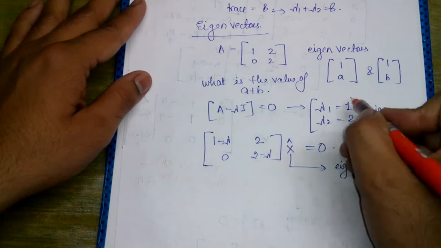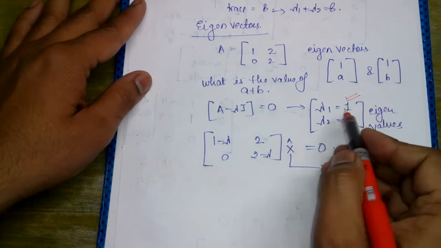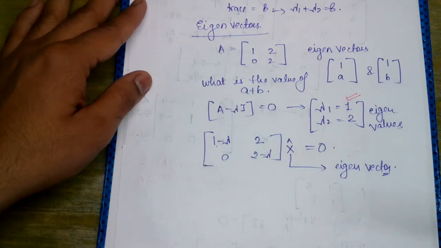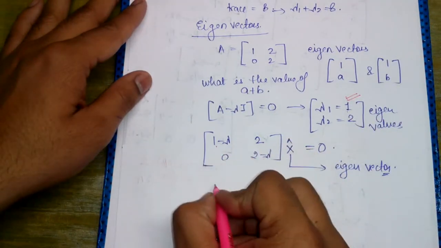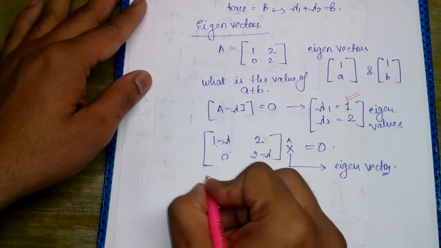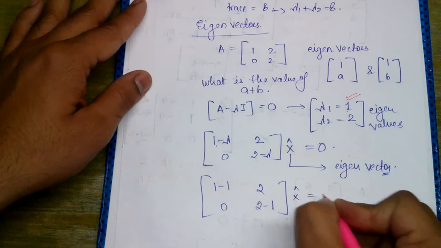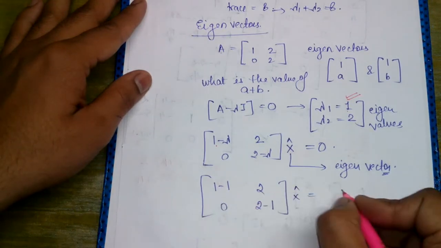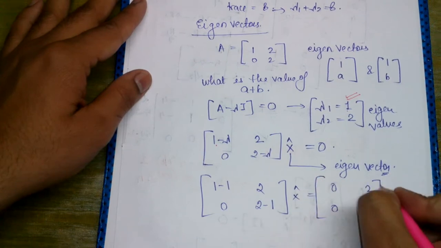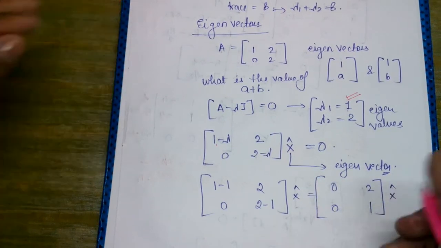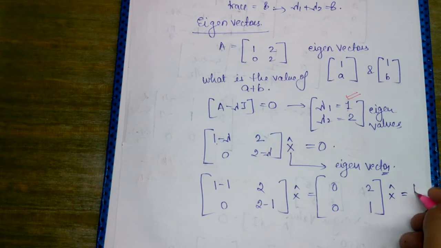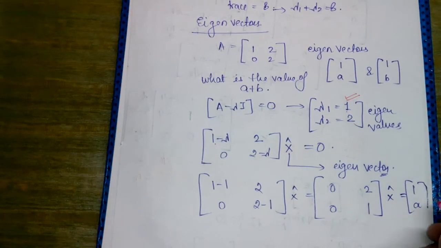Now what we will do is, we will first keep the value of lambda equal to 1 here and solve the matrix. When we keep lambda equal to 1, we get [1 minus 1, 2; 0, 2 minus 1] x bar. This would be equal to [0, 2; 0, 1] x bar, and this is nothing but the vector given as [1, a].